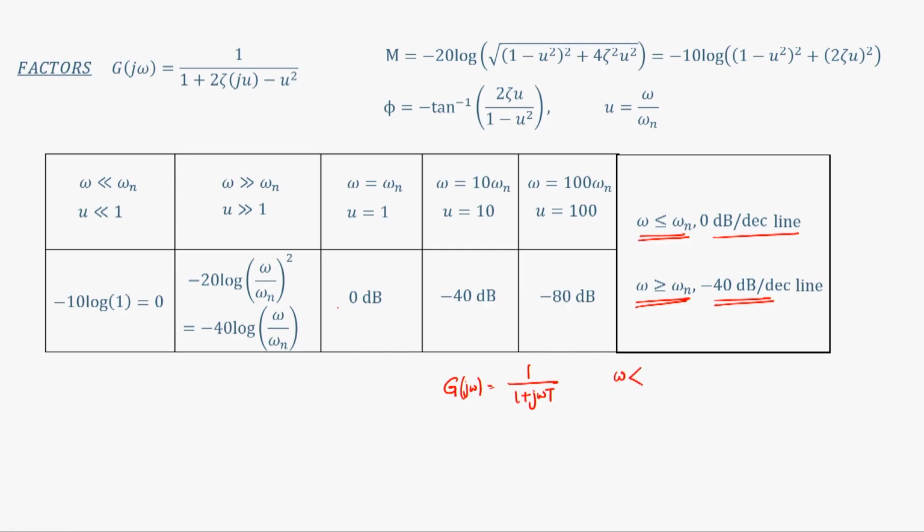If omega is less than or equal to 1 by t, then we have a 0 dB per decade line, and if omega was greater than 1 by t, we had a minus 20 dB per decade line. Now, think about it if you square it. Then this becomes minus 40, right, because the square is like a quadratic term. This is also a quadratic term. So, that is what is essentially happening here. Because of that quadratic term, this minus 20 is becoming minus 40.